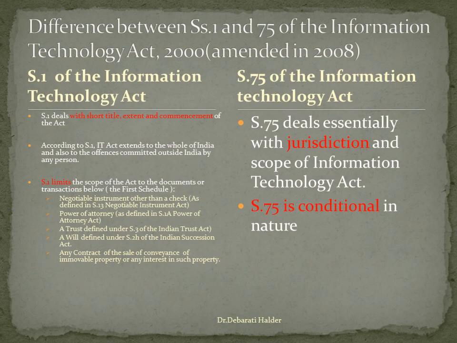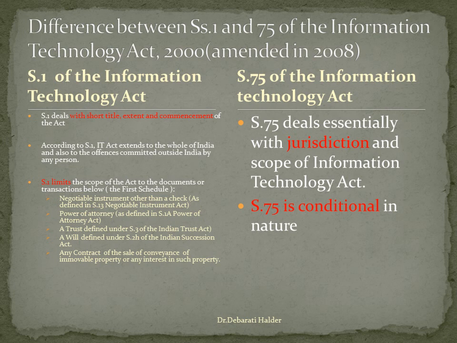Let us discuss the difference between Sections 1 and 75 of the IT Act 2000, amended in 2008. Section 1 of the IT Act deals with short title, extent, and commencement of the Act. In a way, it also deals with jurisdiction. Section 75 deals essentially with jurisdiction and scope of the IT Act.